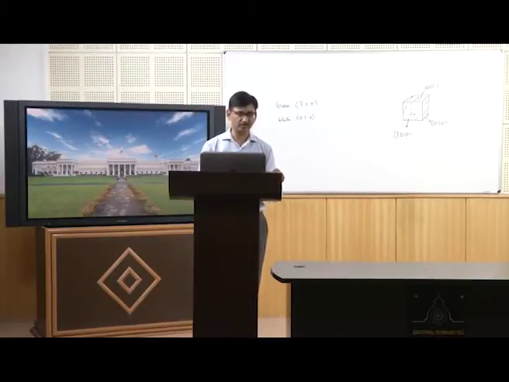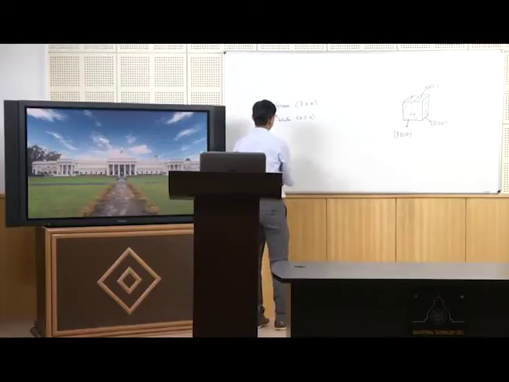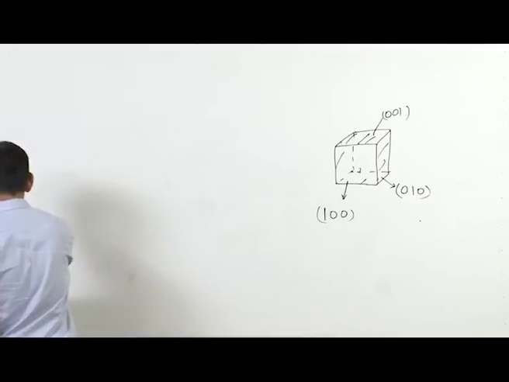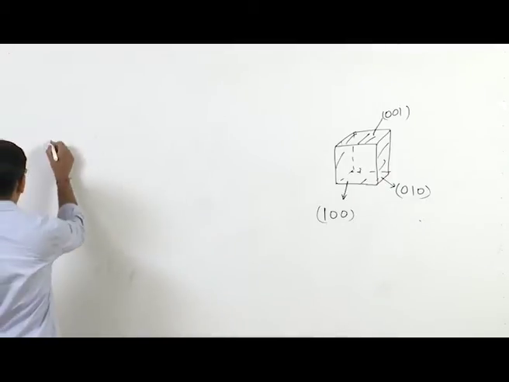So, again we will follow the same principle of intercepts, taking reciprocal, finding out the integers, and giving the indexing of that. So, let us say we now take the 4 indexing system. For this, again same thing, let us say for the green one.